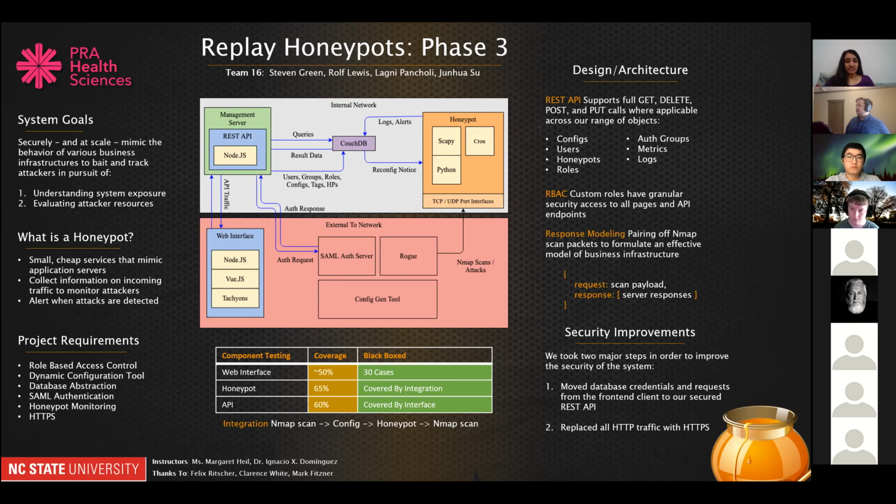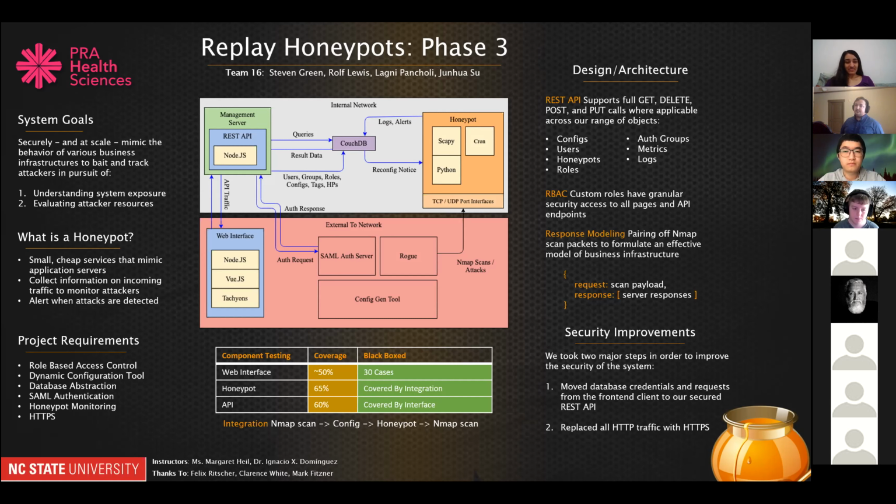Yep. So some of the things we're required to do are role-based access control. That's a new feature that we needed to add. That would help with security. We have the configuration generation tool that will create configs for the honeypots.